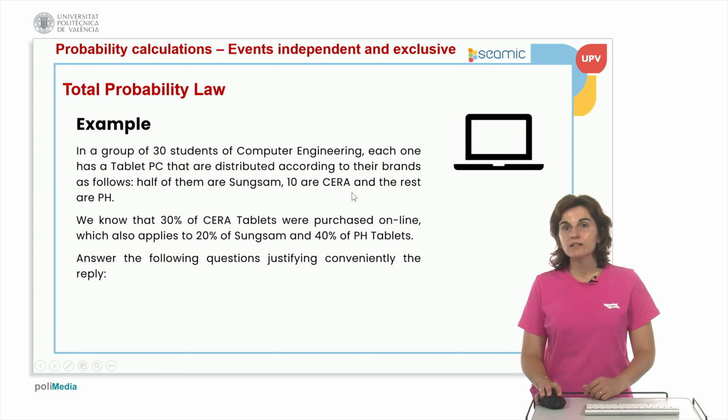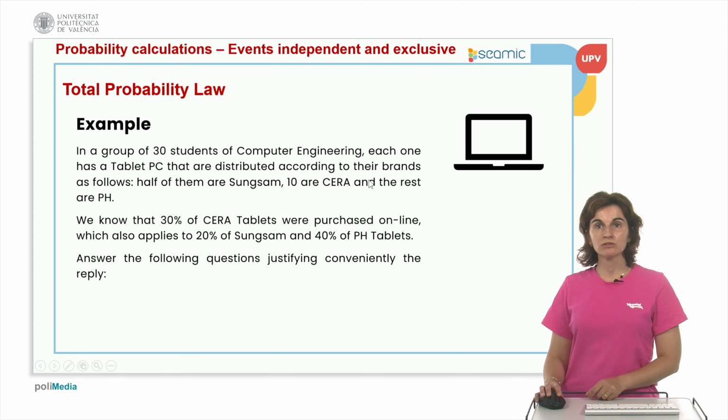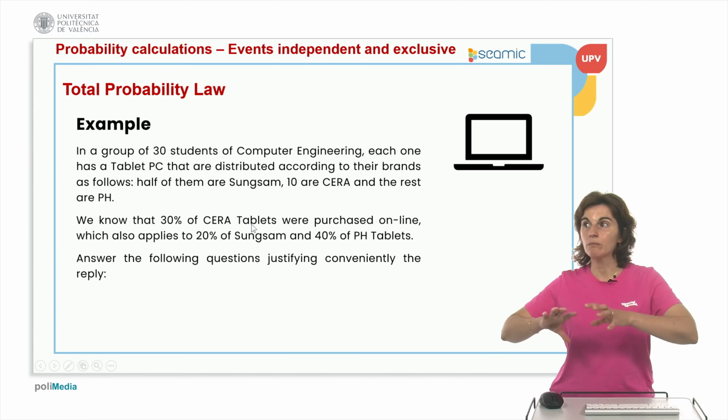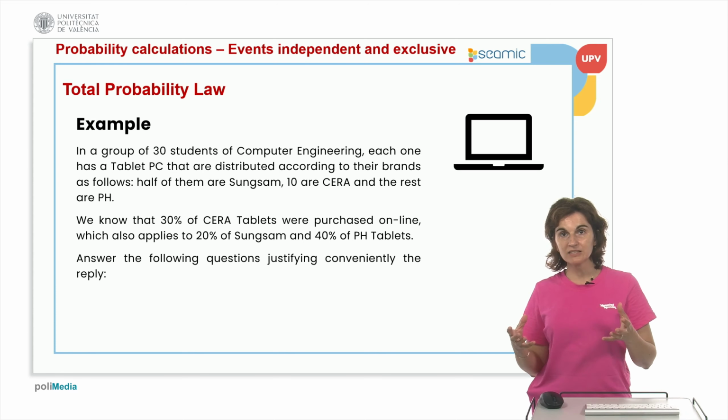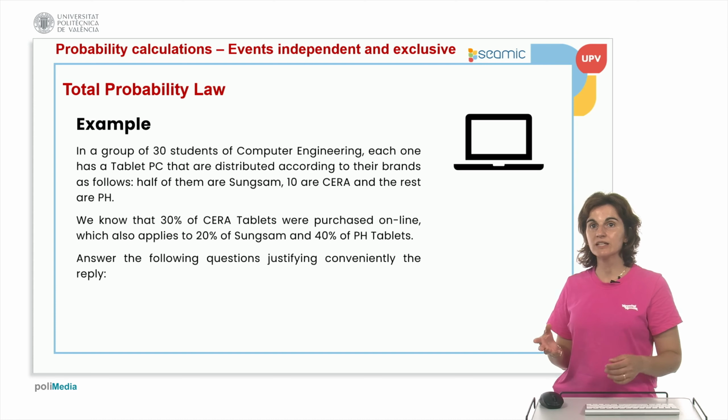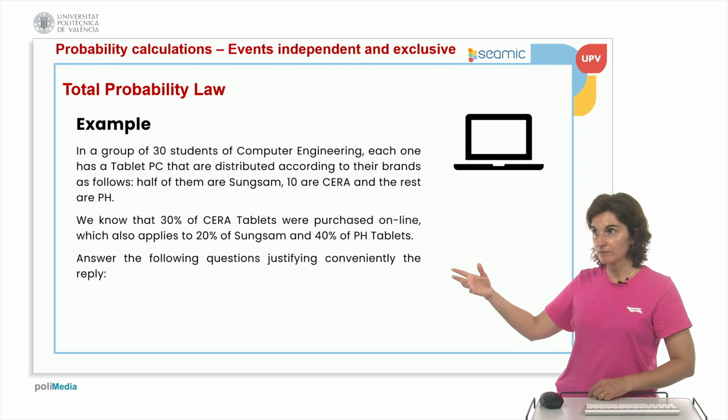And then we have some additional information that is represented as conditional probability. So we know that the Zira tablets were purchased online, and that means that among all the Zira tablets, 30% of them were purchased online. The event that's interesting for us in this example is being purchased online.